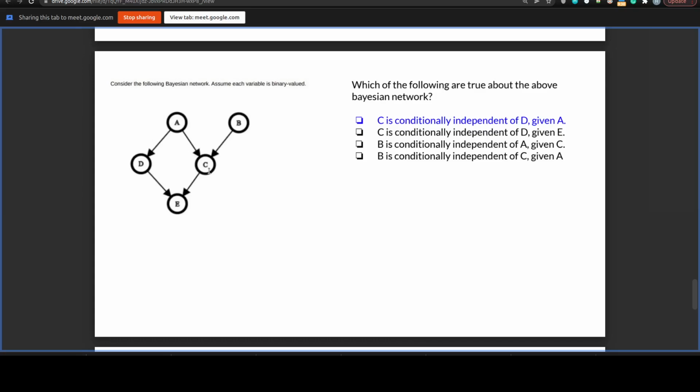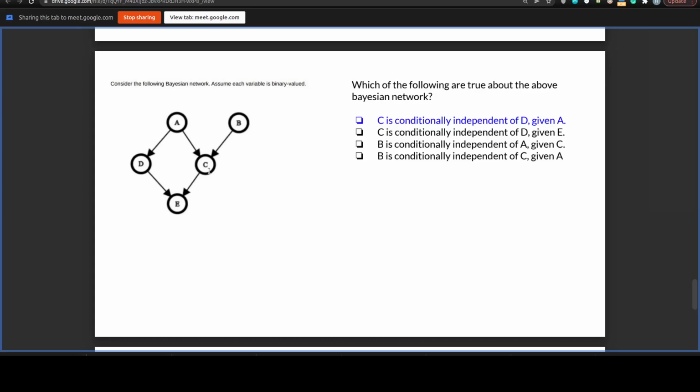And then the other point is that C is conditionally independent of D given E, right? If I give E, I have to calculate the probability of C given D and E, right?